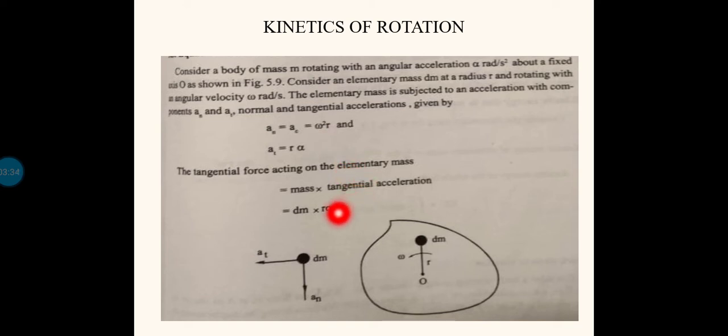So the tangential force acting on the elementary mass is, we know that force is mass into acceleration, so mass into tangential acceleration. Mass is dm, and tangential acceleration is r into alpha. So dm into r alpha will be the tangential force acting on the elementary mass, and this force will be acting in the tangential direction at that particular point.